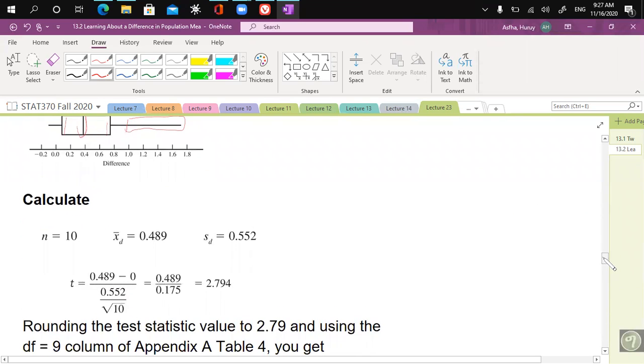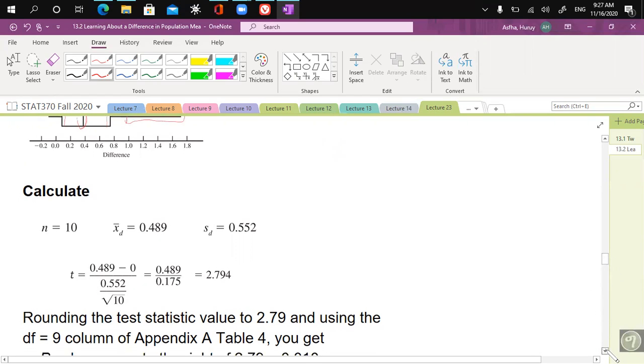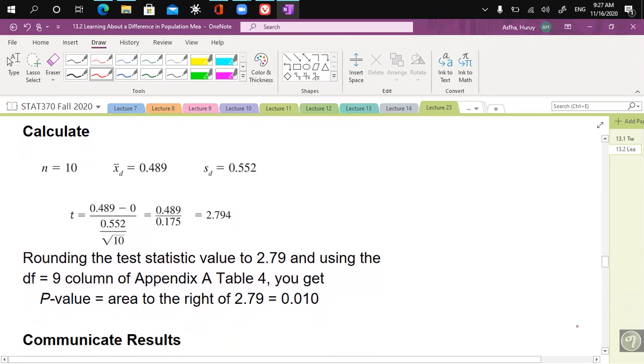Now we go to the calculations because we follow the steps. First we set our hypothesis, then we check the conditions, and now we do the calculations. So n is 10, x bar d is this, and we have the standard deviation.